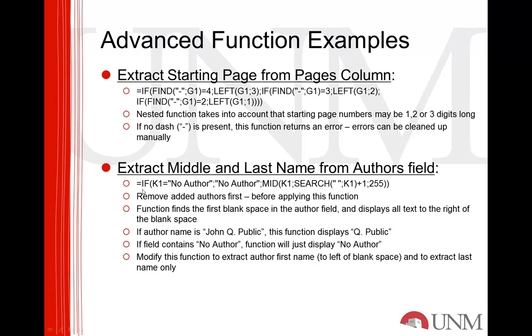This second function here, or second formula, which contains an if, a mid, and a search function, checks the author field in K1 to see if the author name is actually no author. And if it is, it just copies no author over into the new cell.